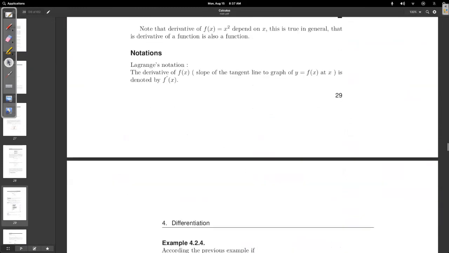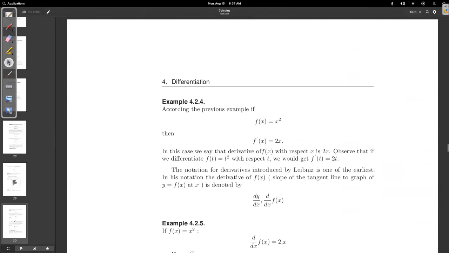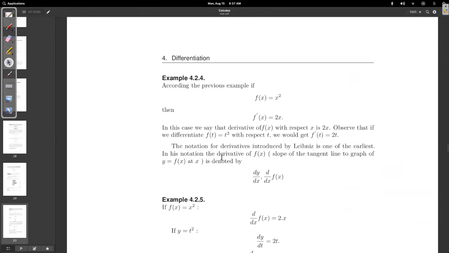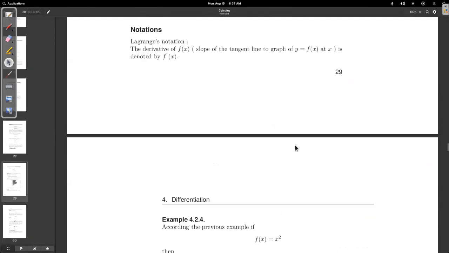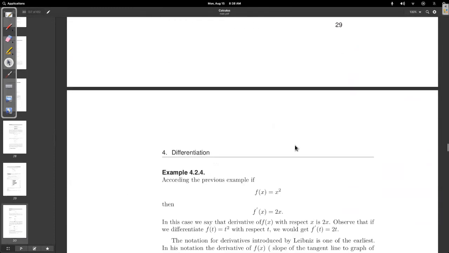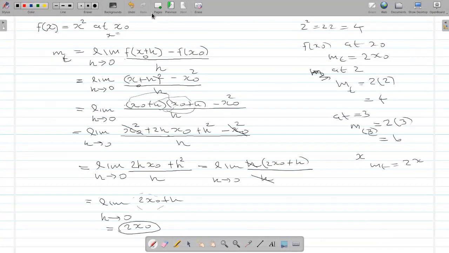Two notations: Leibniz and Lagrange. One is saying, if y is equal to f of x, the derivative of y, or the slope of the tangent line, is given by dy by dx. Here we are saying we are differentiating with respect to x.